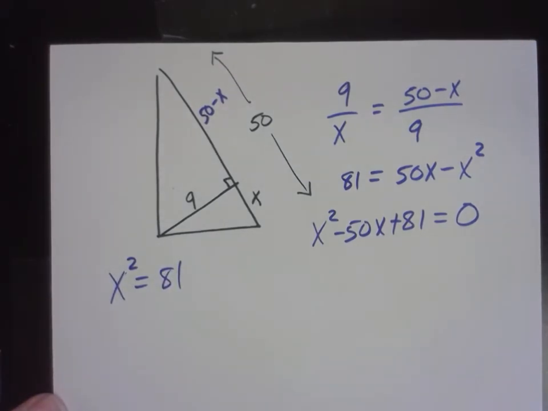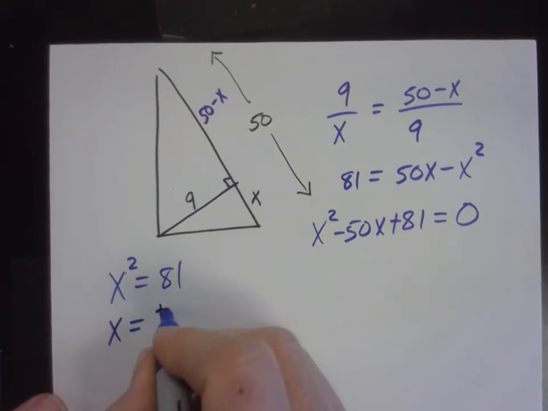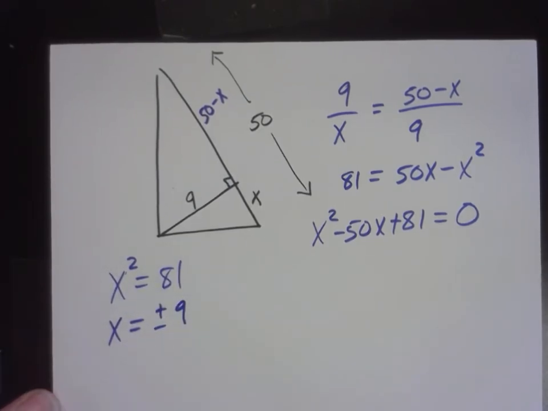Okay. What does x equal? Positive or negative 9. Right? Although we're in geometry, so do we ever worry about the negative 9? Rarely, because it's usually the length of a side we're looking for, and a negative doesn't make a bit of sense, does it? Okay, so we don't usually worry about that, but it really is a solution.